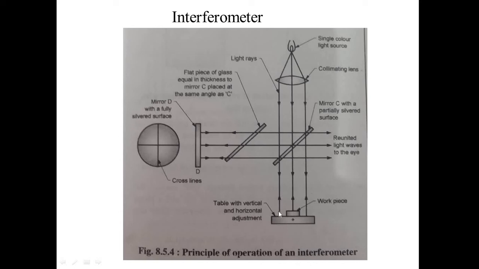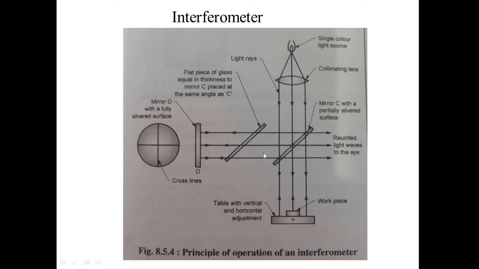Half of the light will come in a downward direction and fall on the workpiece as well as on the table on which this workpiece is mounted, and from that it will get reflected. It will reflect back, and that we can see by our eyes.